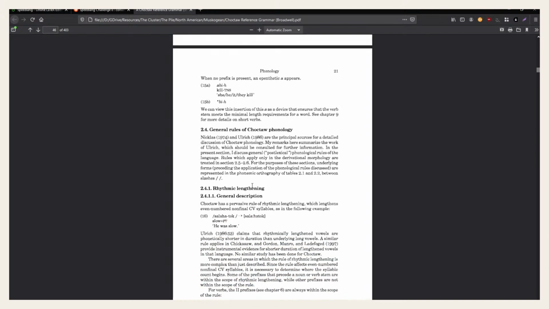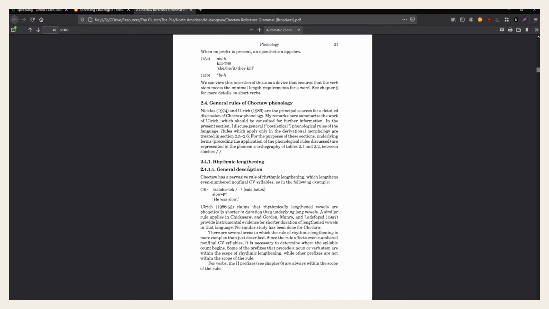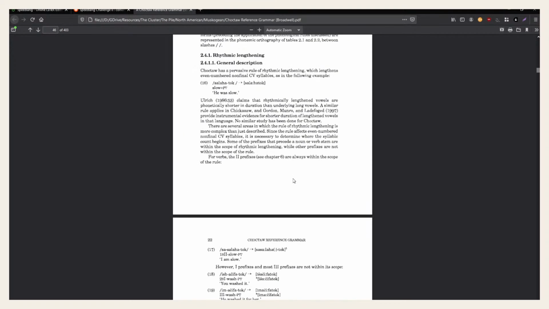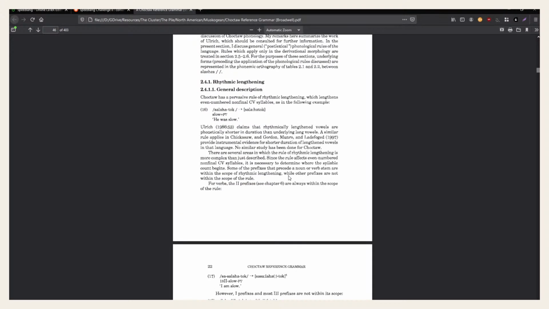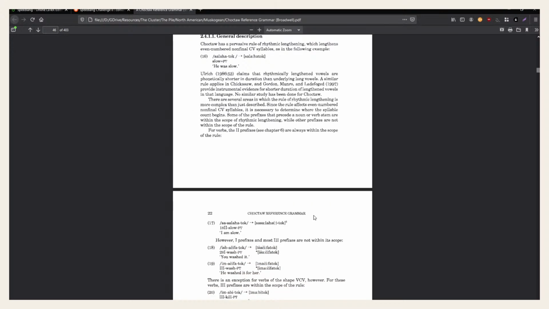Yes, it does. It was that one. So how does it do it? Choctaw has a pervasive rule of rhythmic lengthening. I'm not going to read you all of that. I'm just going to skim it quickly. Yeah, that does correspond to what I had in mind.